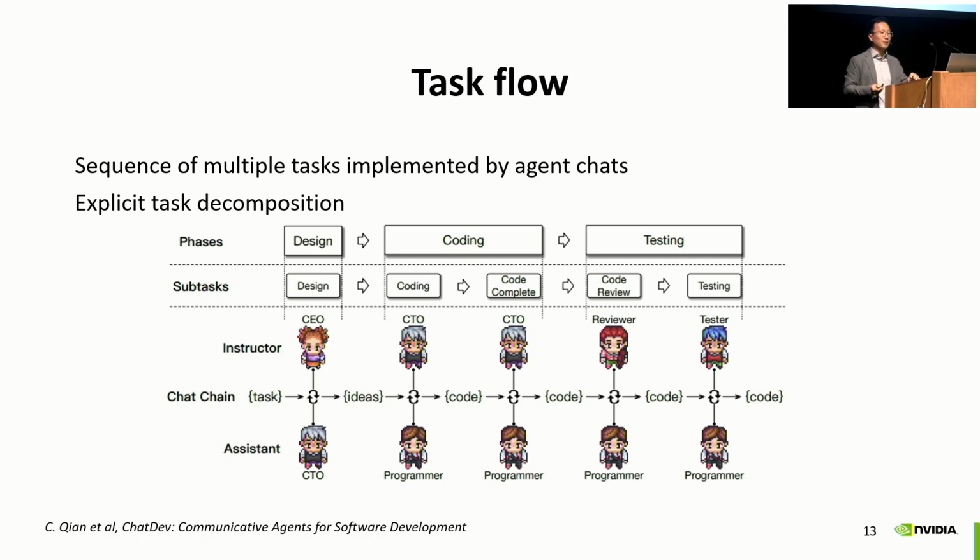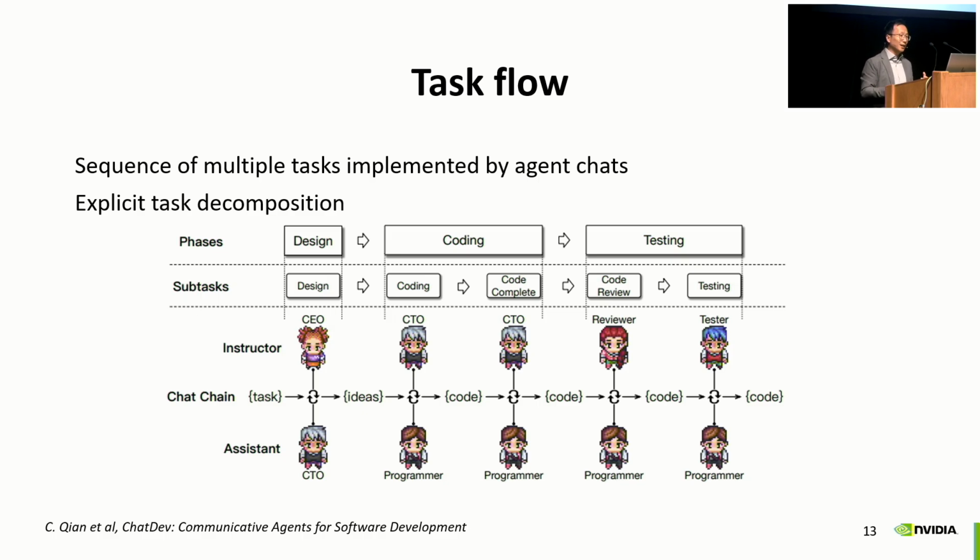Unlike the previous multi-agent system, which only has agents talk to each other without explicit task definitions, you can even combine these two methods together, as shown in this example. There are two agent conversations to accomplish each subtask in a task flow.